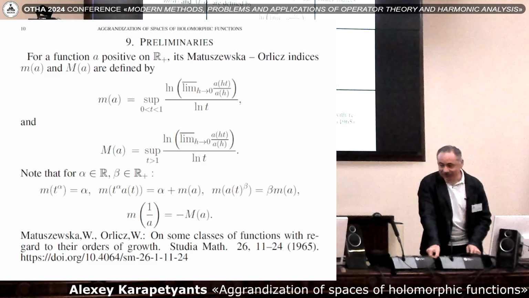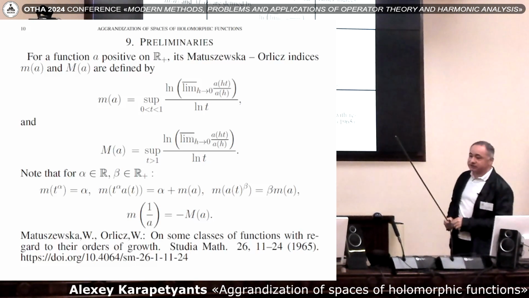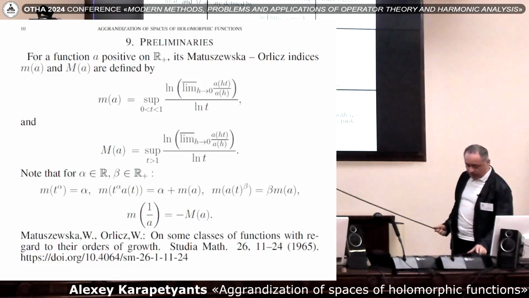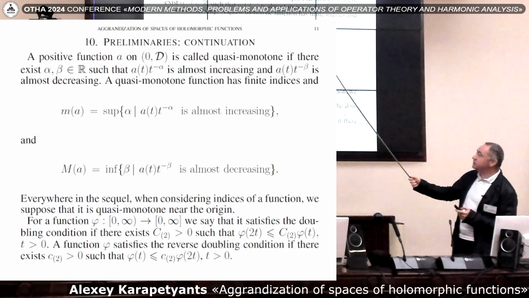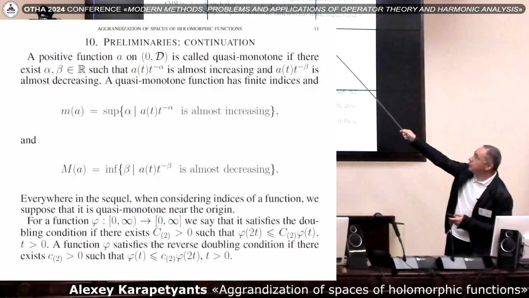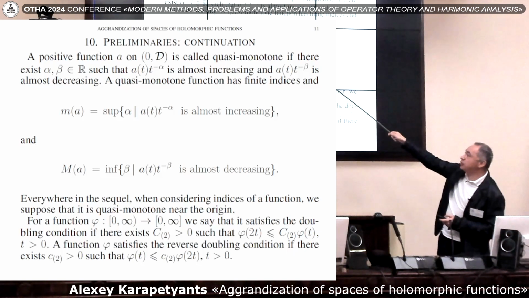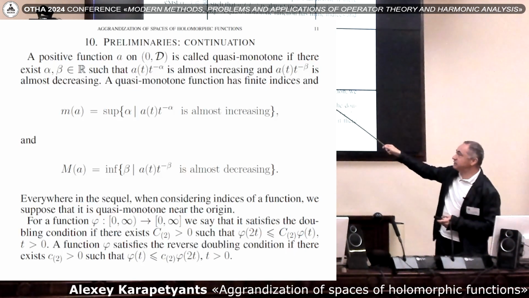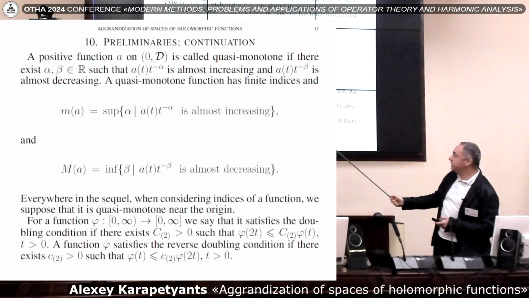Sorry. Okay, just very quick. I will use Orlicz-Matuszewska indices just for statements. In our case, even this definition is easier because we will use quasi-monotone functions, and for quasi-monotone functions the Orlicz-Matuszewska indices are like this. I will also need the definition of the doubling condition.